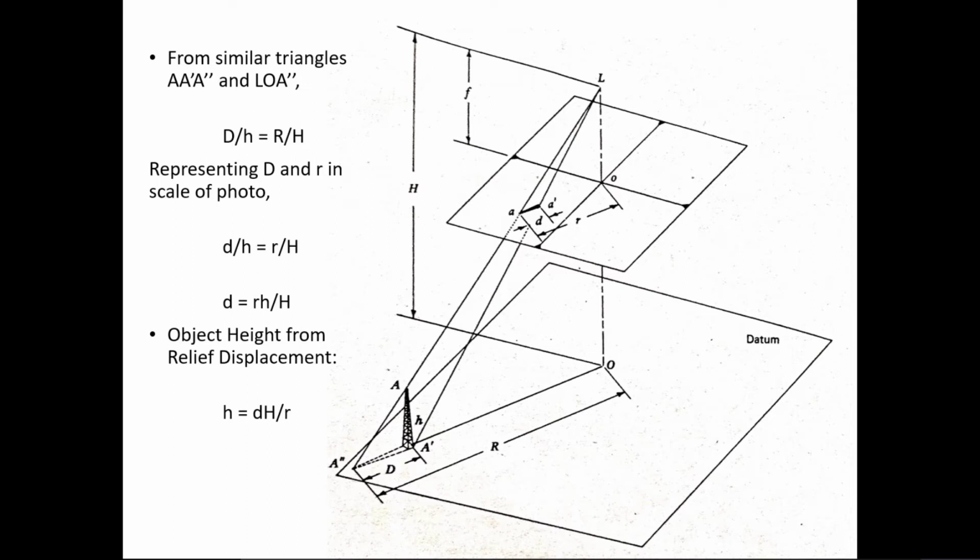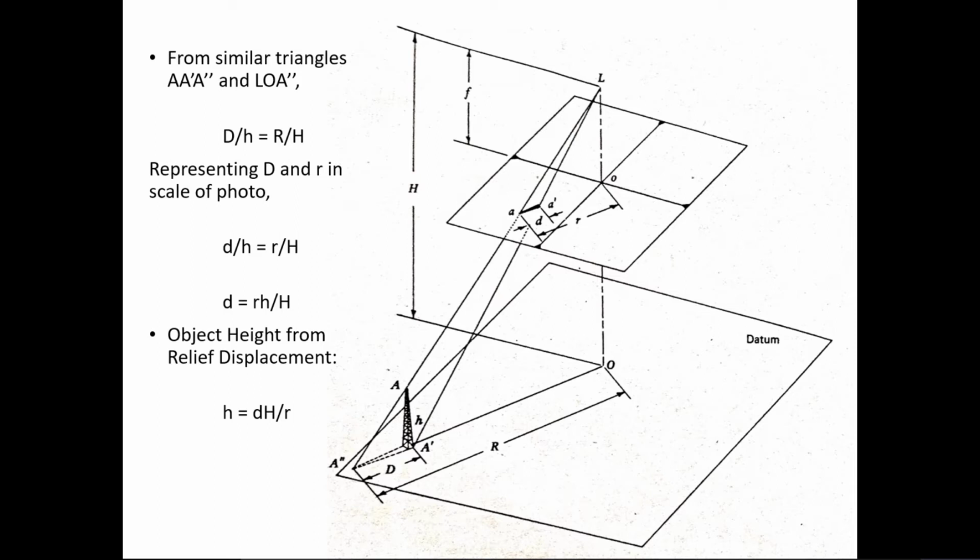Now representing that d and r in the scale of the photo, small d by small h will be equal to small r by capital H, right? So the relief displacement d will be equal to r h by H. Agree? Once you get that, what was the height of the tower notated as? Small h, right? So you can find h from there: h is equal to d H by r.